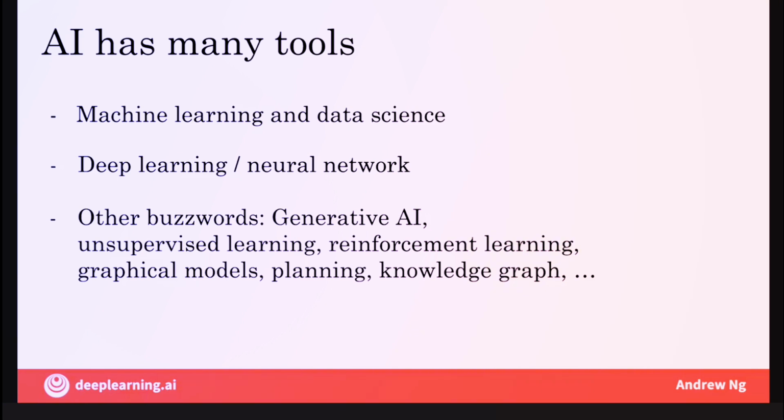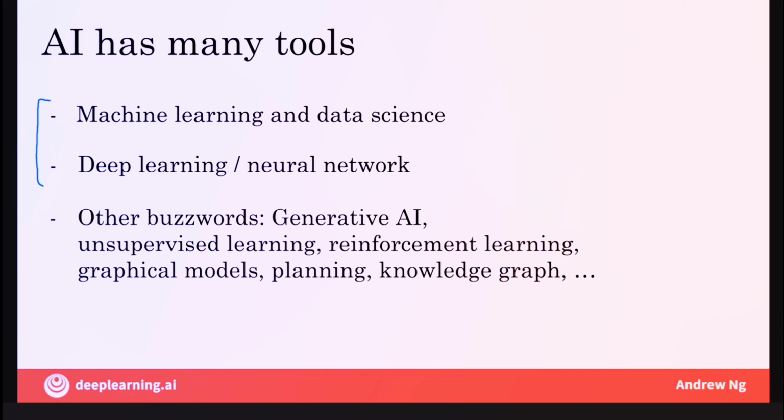You don't need to know what all of these other terms mean, but these are just other tools for getting AI systems to make computers act intelligently. I'll try to give you a sense of what some of these terms mean in later videos as well. But the most important tools and terms I hope you remember from this are machine learning and data science, as well as deep learning and neural networks, which are a very powerful way to do machine learning and sometimes data science.